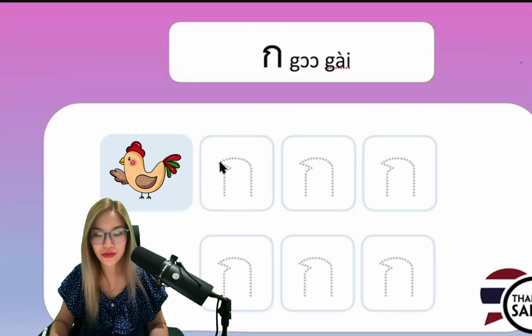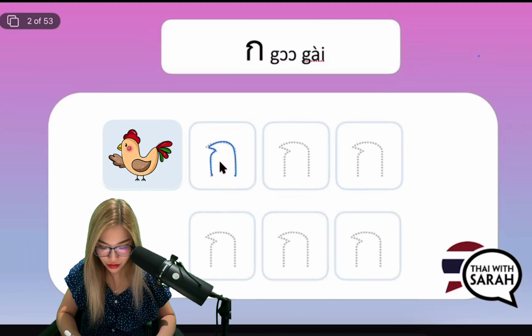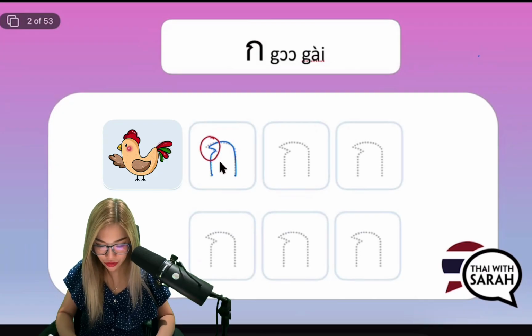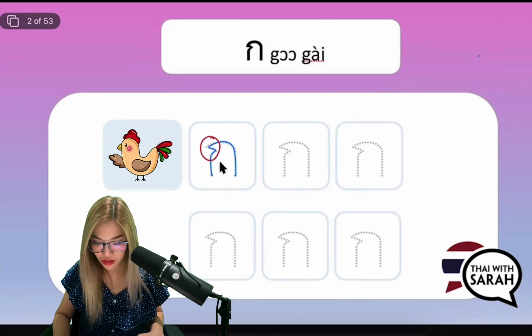Okay, now it's time to write together. So start with the straight line and do a little bit of beak here. You can see this part is like the beak of a bird. And I'm going to teach you a simplified version too. Start with the line up here first, do the beak, and then go all the way to the other side. Or you can do a simplified version, my version, like this.